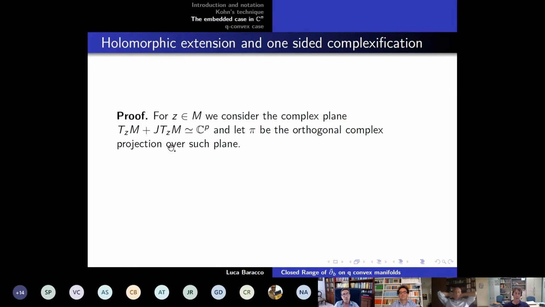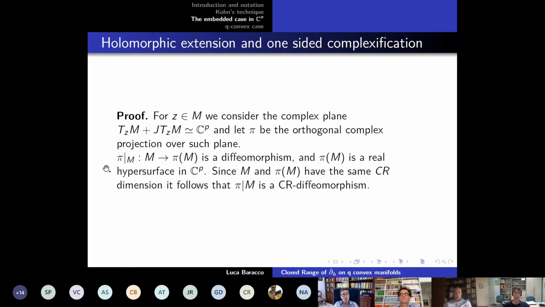So let Z be a point of M. We consider this complex p-plane TzM plus JTzM, and we take the orthogonal projection pi to this p-dimensional space. Then pi restricted to M is a diffeomorphism, and pi of M is a real hypersurface in Cp.